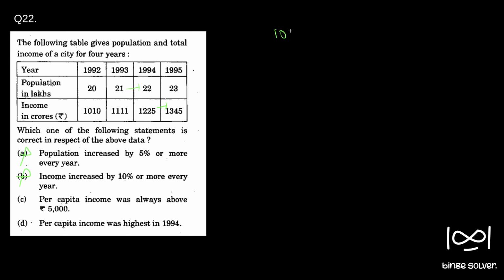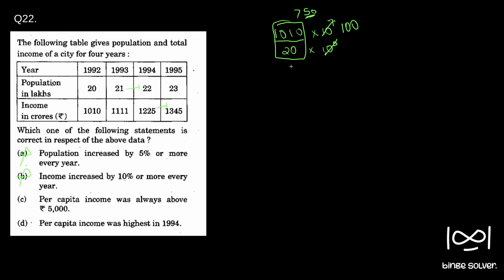Income is 1010 crores, so it is 10 raised to 7 by 20 into 10 raised to 5, since population is in lakhs. So this becomes 100 divided by 20. The idea is that this should be above 50. If it is above 50, then it is greater than 5,000.